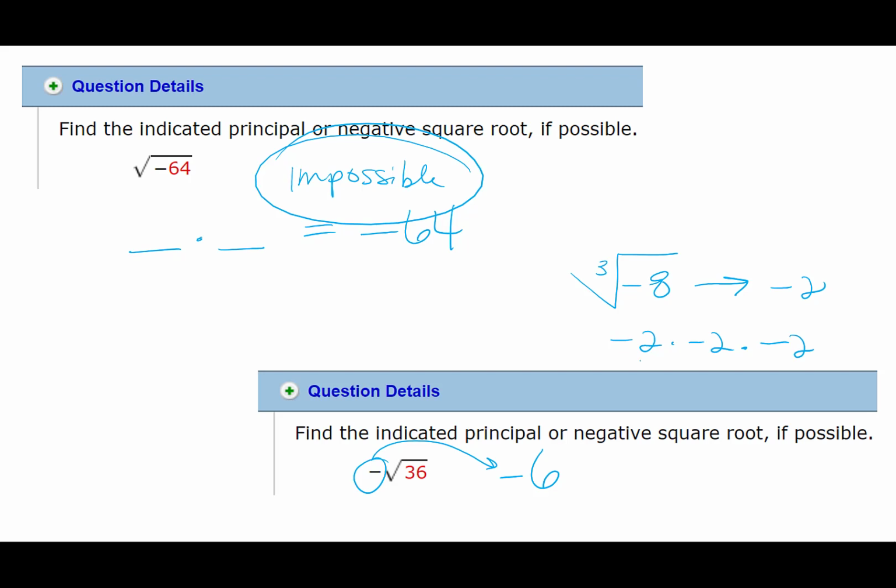So negative 2 times negative 2 is positive 4, and then positive 4 times negative 2 is back to negative 8. So it is okay to have a negative under the radical if it's a cube root or a fifth root. Basically, when the index number is odd. But it's not possible to solve a square root if there's a negative under the radical.